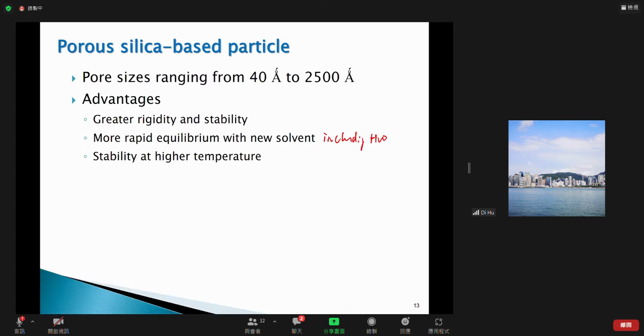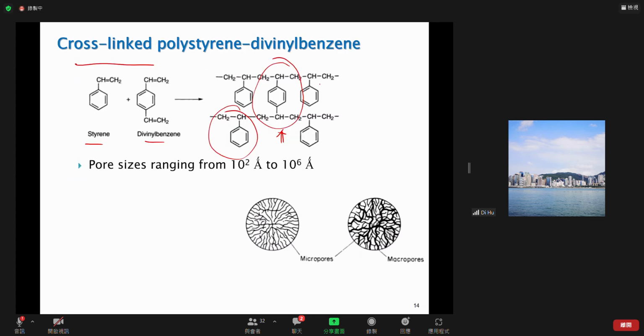Remember, the silica-based particle is only like 40 to 2,500, but this one can be 100 to 10 to the 6, much larger than 2,500, right? Because when you make the cross-linked polystyrene divinylbenzene particle, it's possible to make macropores.